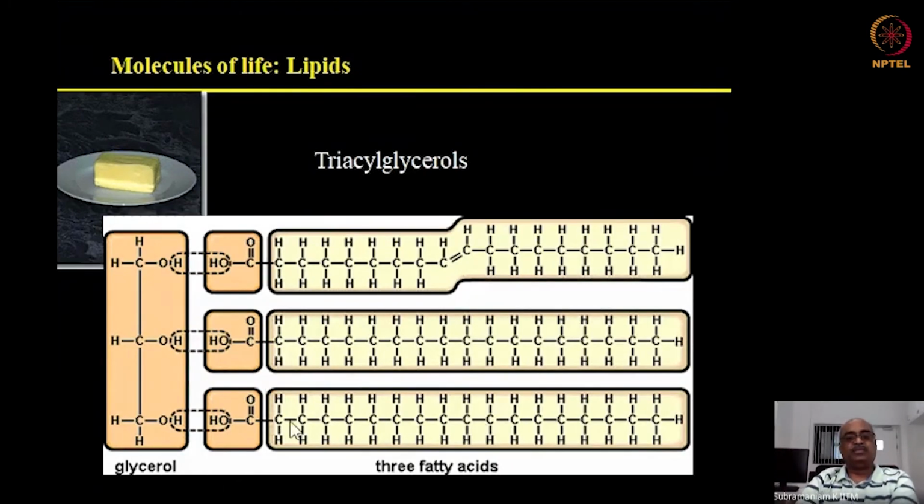So instead of this third fatty acid, you have a phosphate attached, and once you have phosphate attached, it is called a phospholipid. That's the difference between triacyl glycerol and phospholipid. Phospholipids have 2 acyl groups on glycerol, and the third is a phosphoric acid. The other 2 acid groups of the phosphate may then be derivatized by attaching to other polar molecules.